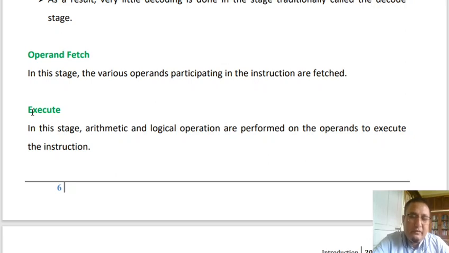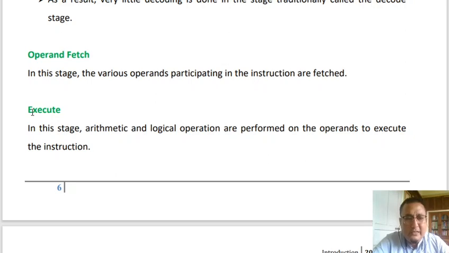Likewise, whenever a memory reference operation is to be done, the operand participating is present in the memory, so the virtual address is to be created and the memory access is to be done. The associated latency is to be taken into consideration. Whenever a multi-purpose instruction cycle operation is being performed, we need to take care of the latency based on what kind of operation we are performing, multiplication or division or floating point operations, and so on.